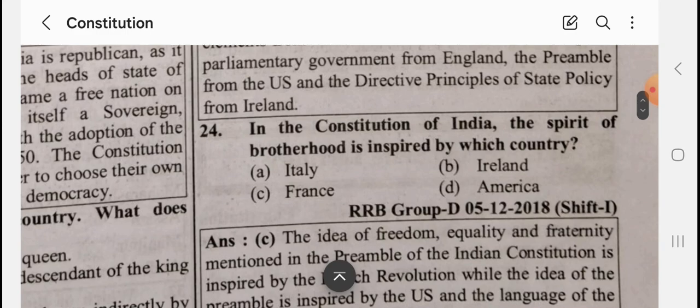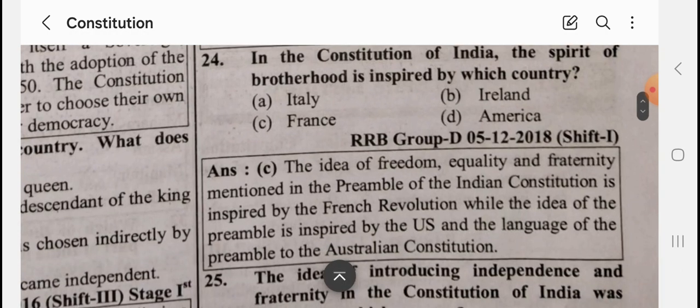In the Constitution of India, the spirit of brotherhood is inspired by which country? France. The idea of freedom, equality, and fraternity mentioned in the preamble of the Indian Constitution is inspired by the French Revolution, while the idea of the preamble is inspired by the US, and the language of the preamble by the Australian Constitution.